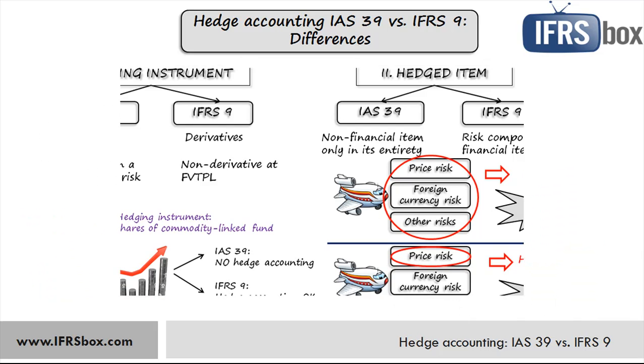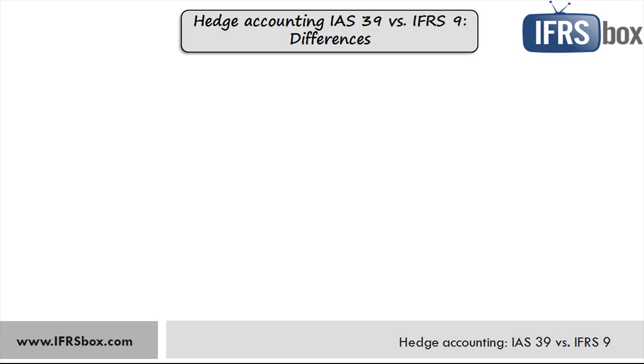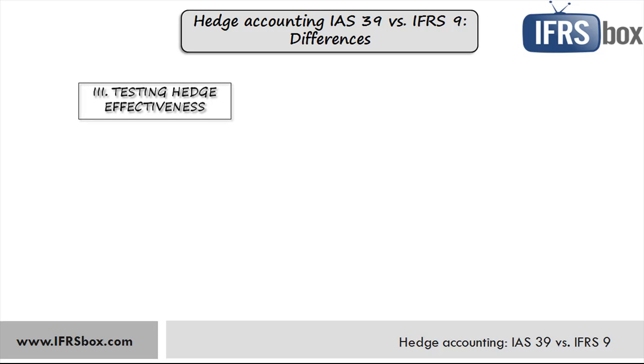Another big difference between IAS 39 and IFRS 9 lies in testing the hedge effectiveness. IAS 39 contains really strict rules for testing the hedge effectiveness. In line with this standard, you need to test hedge effectiveness both retrospectively and prospectively, and therefore you need to perform a number of calculations just for accounting purposes.